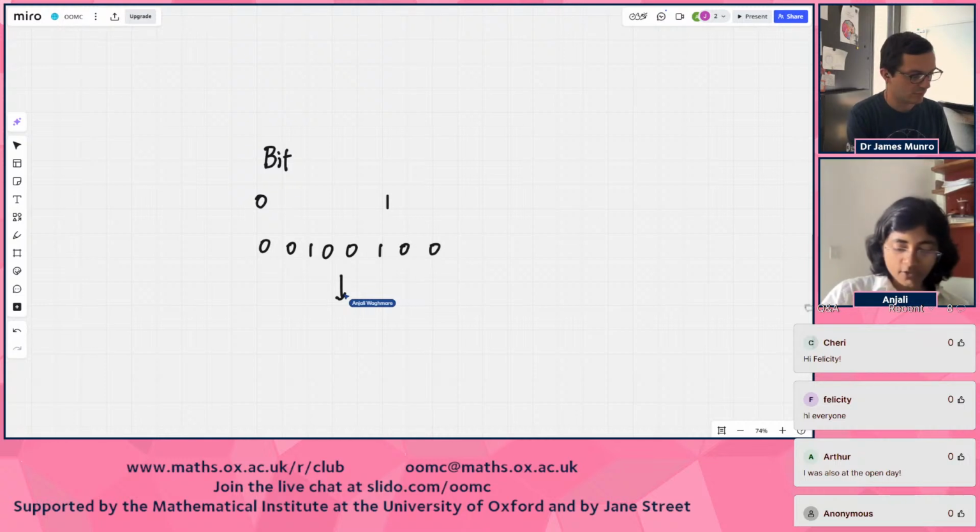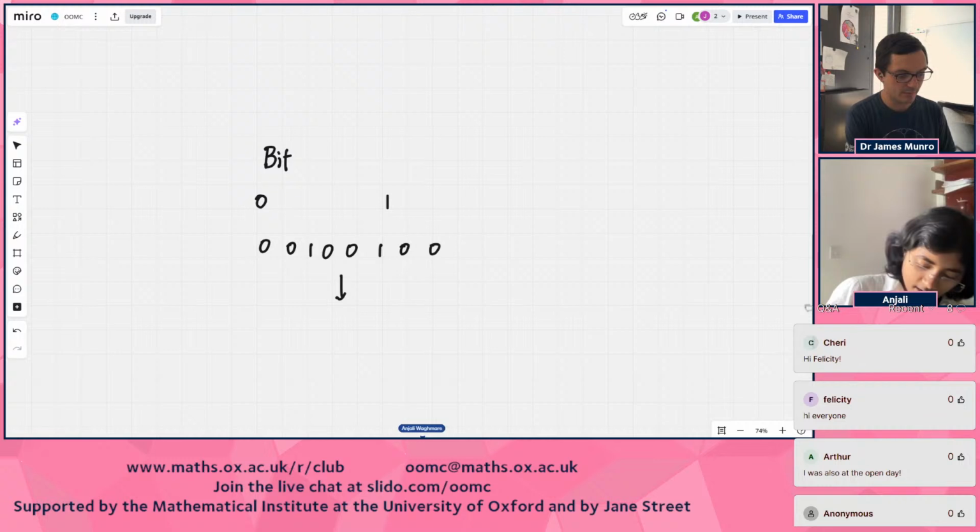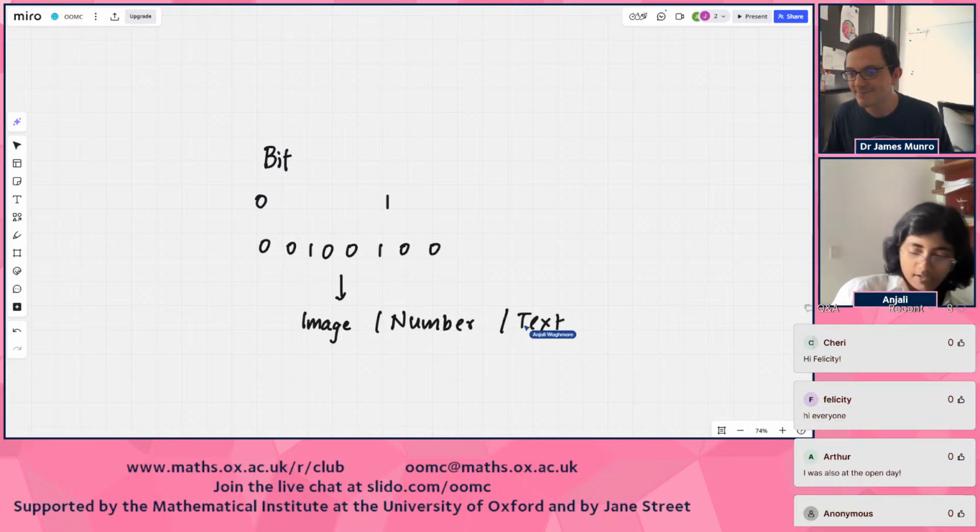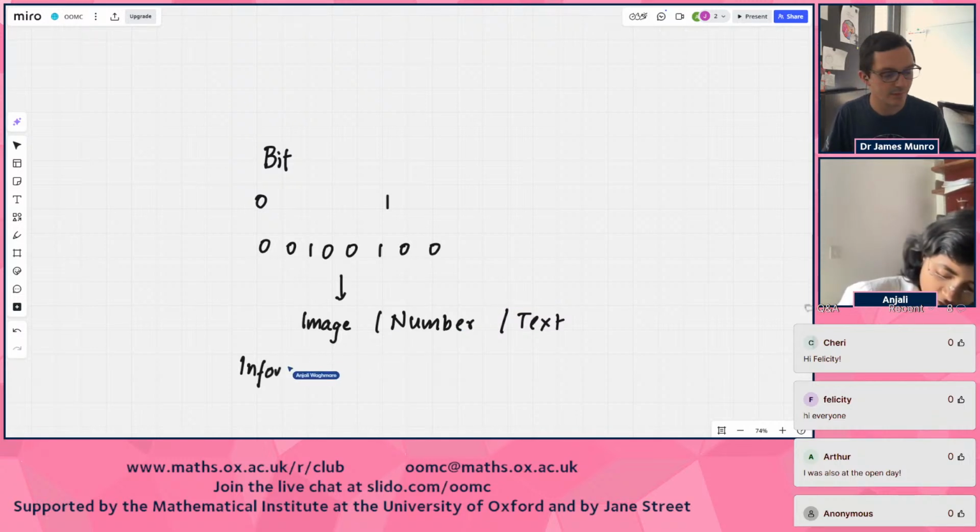The output of this can be an image or some number or text. But information fundamentally is physical.